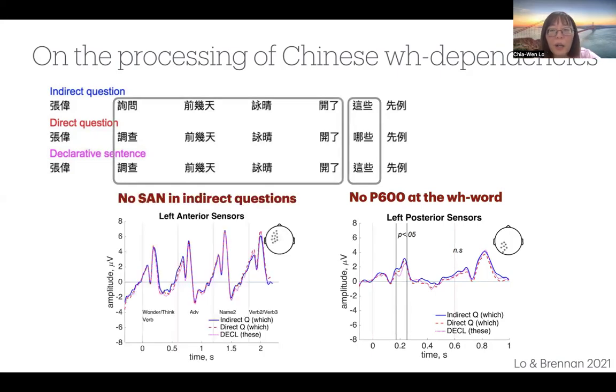And then we also have the sustained result here, starting from the main verb until the embedded verb. They also didn't observe any sustained anterior negativity here. You can see the three lines actually show a similar pattern.